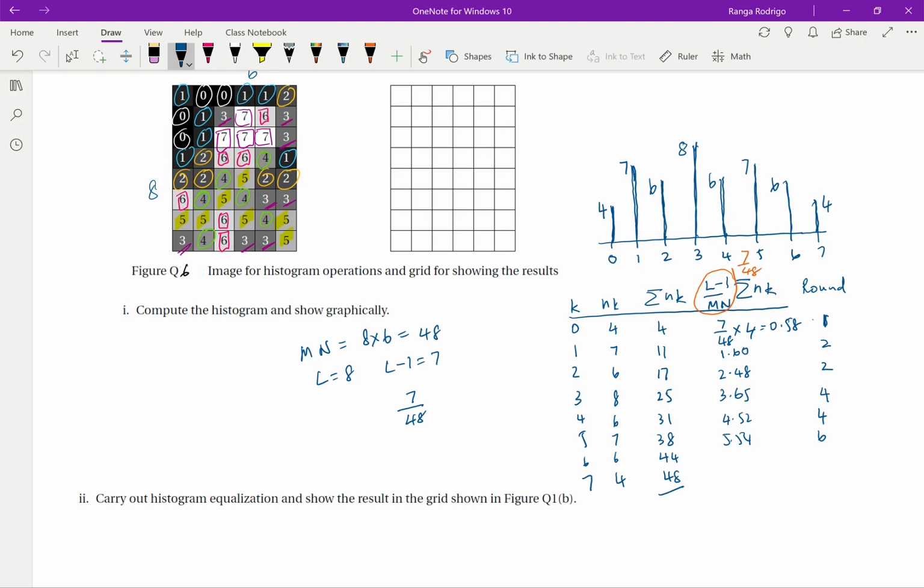Then you have 44 multiplied by that number, that means 6.41, approximately equal to 6. Then finally 48 multiplied by that number, you get 7.